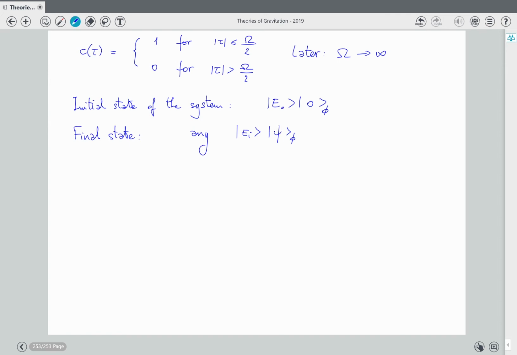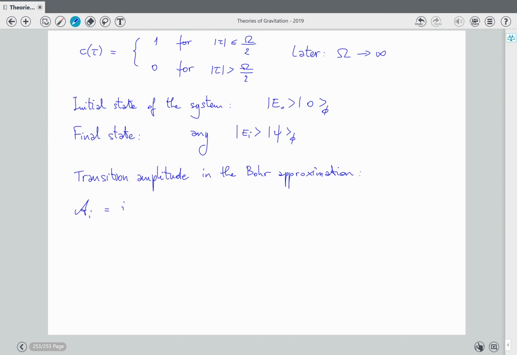Now we want to compute the transition amplitude from one state to the other. The Born approximation, what is it? We call it A_I.